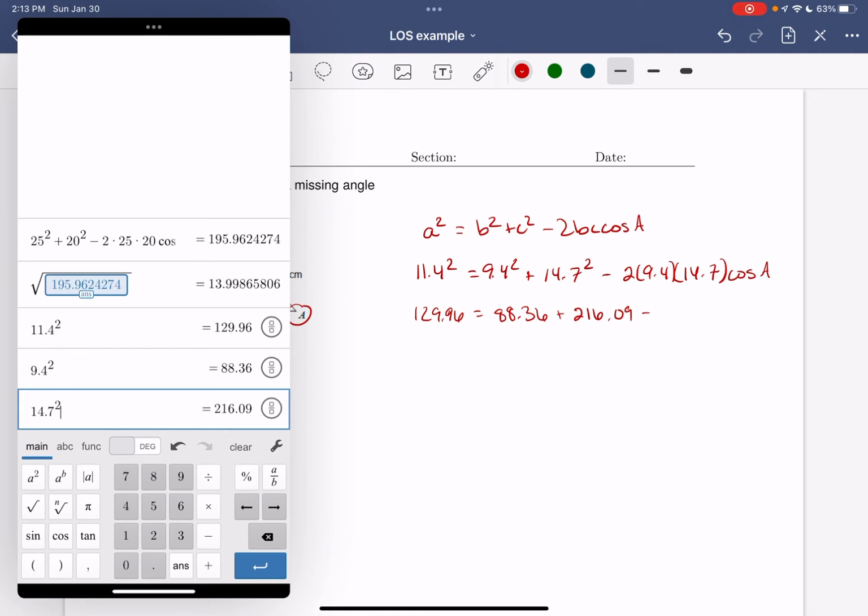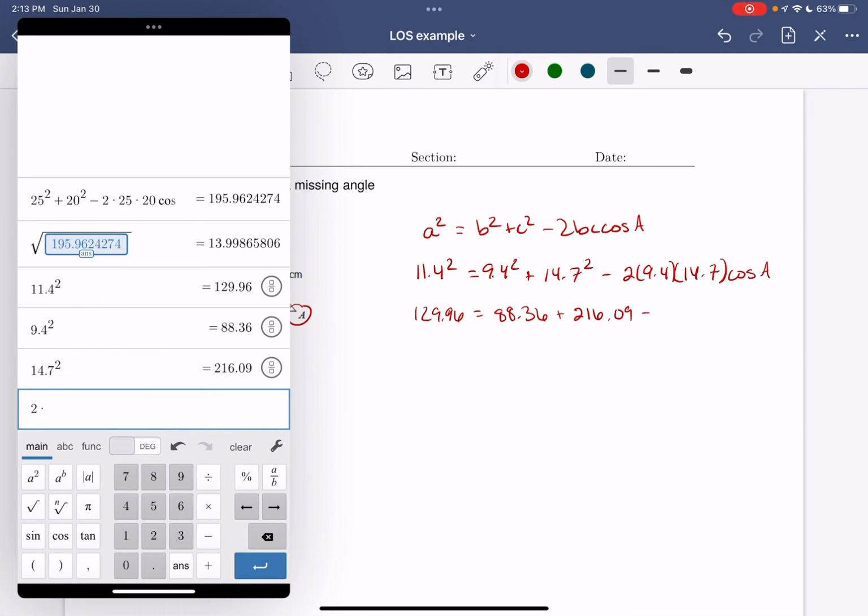And now I'm going to do 2 times 9.4 times 14.7, and that's 276.36 cosine A. Okay, so you might recognize now why I can't put the whole right-hand side together. The reason is because this is being multiplied by cosine A. So by order of operations, I've got to sort of unwind until I can get there.